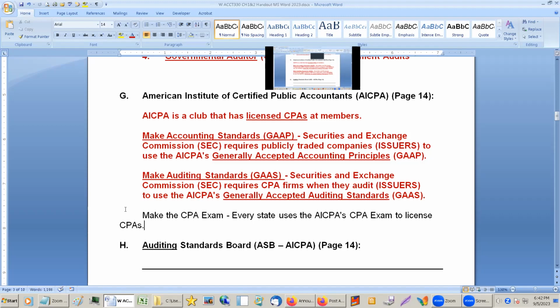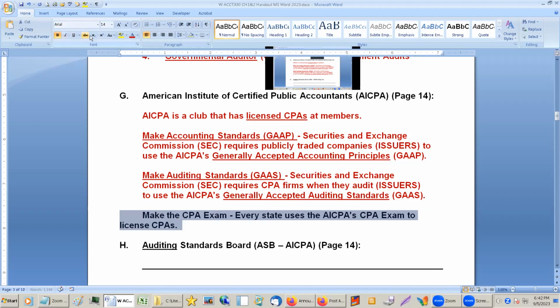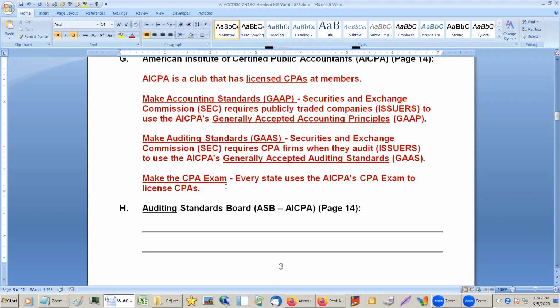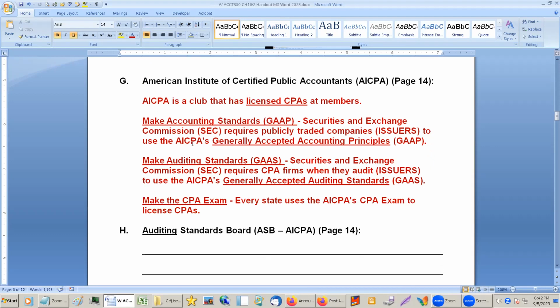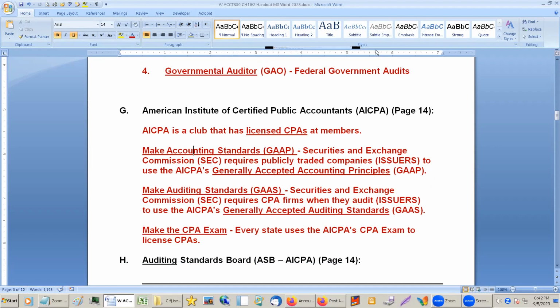Every state uses it. Now, they don't have to use it, but they do. So the CPA exam is made by the AICPA.